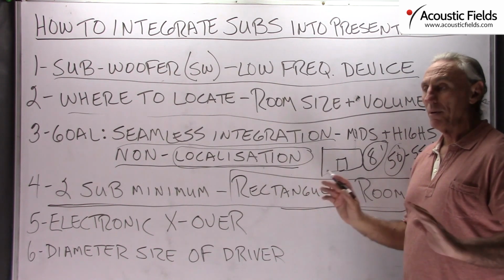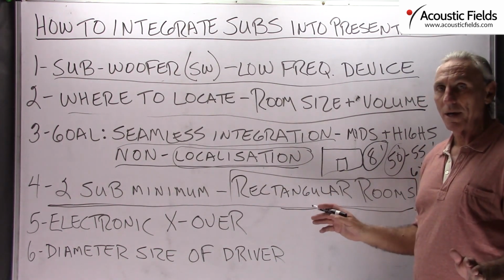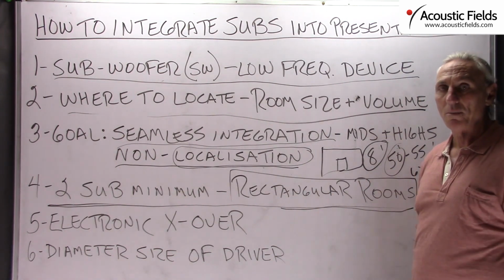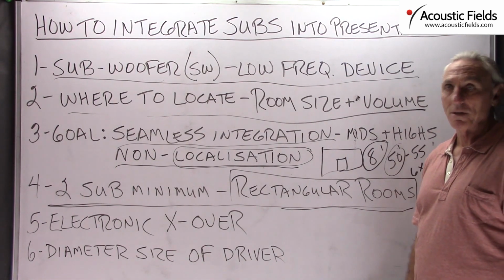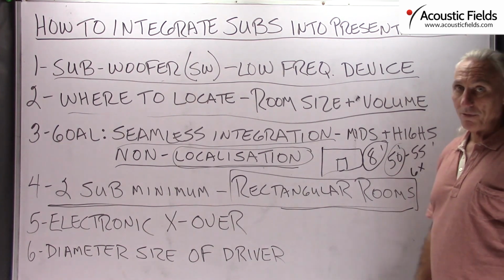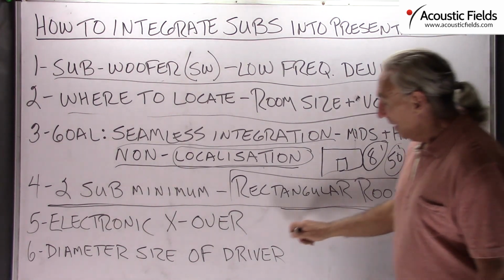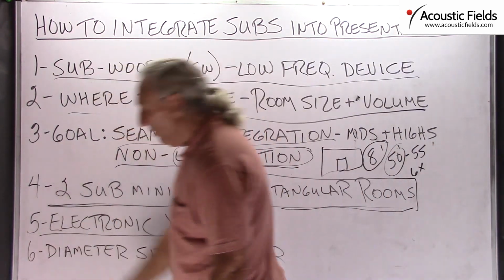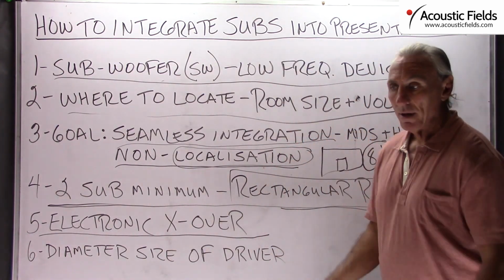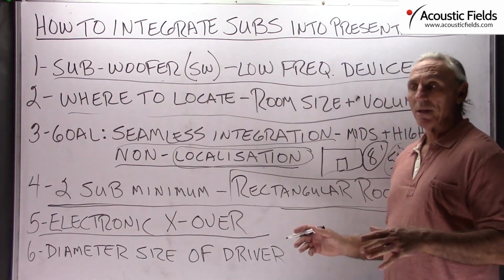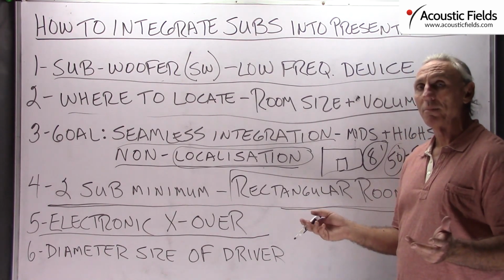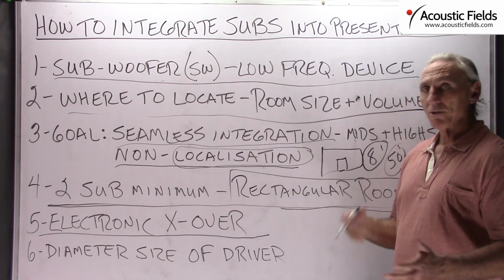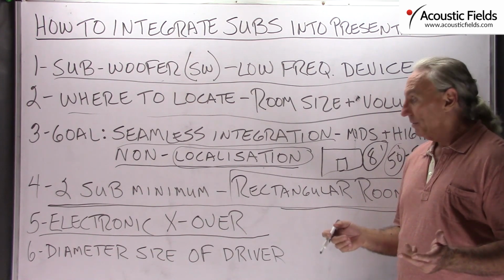What kind of sub, what manufacturer you choose, we could care less. Neither can your room. It doesn't care who made it. It only cares that it's a low-frequency energy-producing device that obviously won't fit very well. So a must-have is an electronic crossover, because with today's recordings, some have a lot of low end, some don't have any because of the room in which they were mixed and mastered in. So there's no consistency in our recorded material.